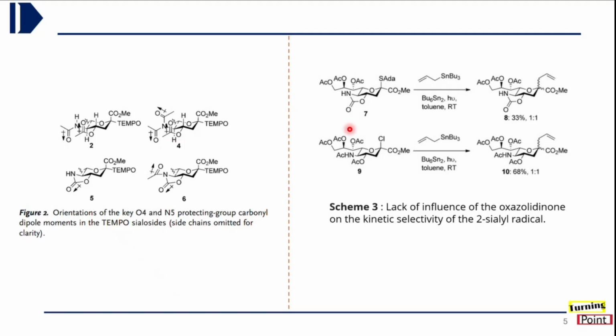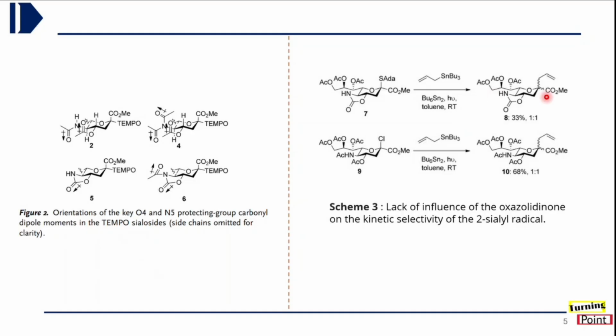To see the further role of this, what they have done is they have taken this thioglycoside, keeping this cyclic protecting group, and in one case this normal NHAc protecting group is there. They are taking allyl tributyltin and then hexabutylditin, and they are irradiating with light in the presence of toluene at room temperature.